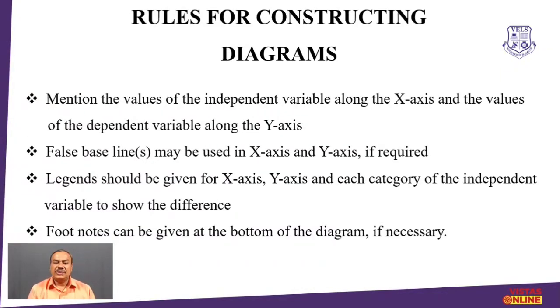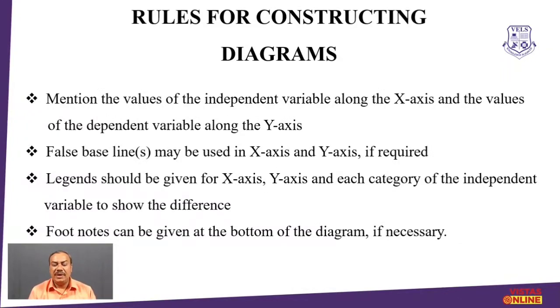Mention the values of the independent variable along the x-axis and the values of the dependent variables along the y-axis. When constructing the diagram, we should keep the independent variable on the x-axis. We can keep the remaining dependent variable on the y-axis.